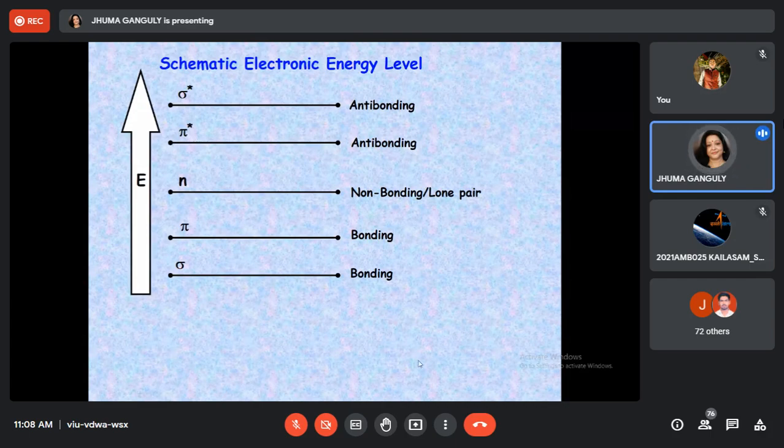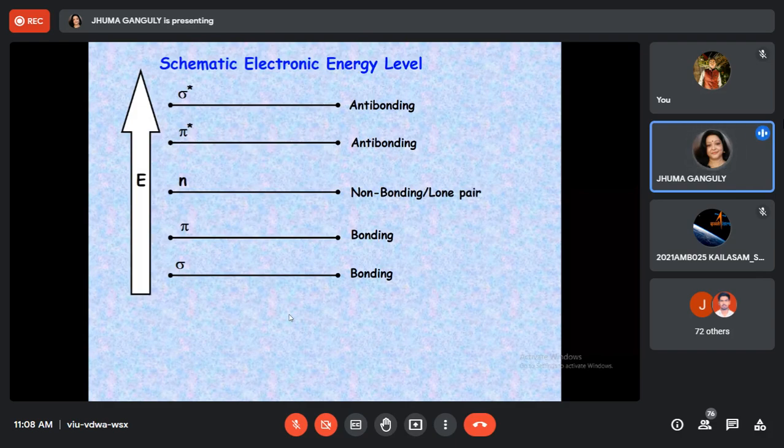Sigma bonding electrons are not involved in the transition all the time. In some cases it happens, but very rarely, because if the sigma bond breaks, that means the molecule does not exist.